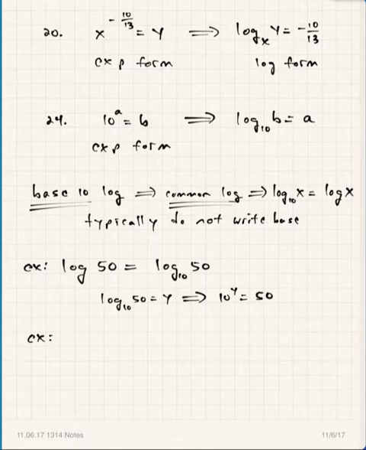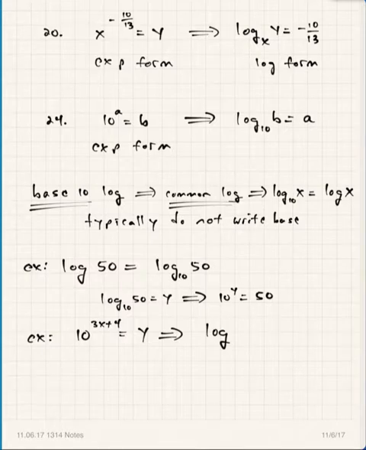All right, if we had, let's say, 10 to the 3x plus 4 is equal to y. So that's an exponential form. So the log form for this, well, this would be log base 10. So I don't write the base down.